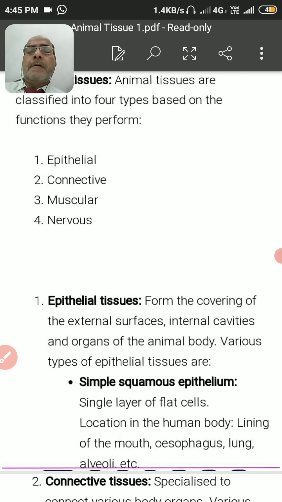Plant tissues are different from animal tissue because plants are static in nature and they grow throughout their life. So students, let us start the study of animal tissue with these notes as well as the diagrams.